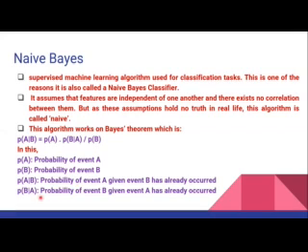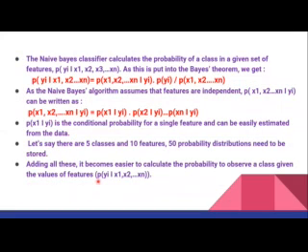Similarly, P(B|A) is the probability of event B given that event A has already occurred. The Naive Bayes classifier calculates the probability of a class y given a set of features x1, x2, and so on: P(y|x1, x2, ..., xn) = P(x1, x2, ..., xn|y) · P(y) / P(x1, x2, ..., xn).